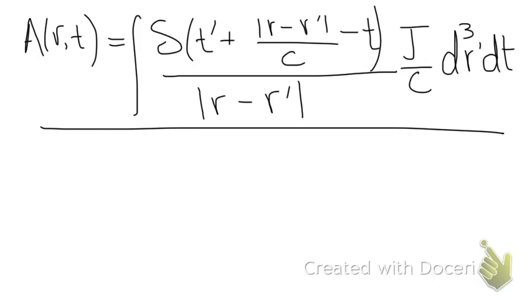They're important because they represent a superposition of spherical light waves that are traveling outwards from the source, from present into the future, right?